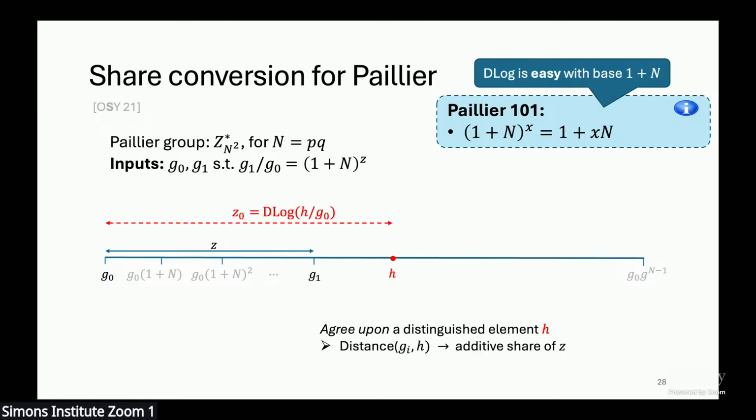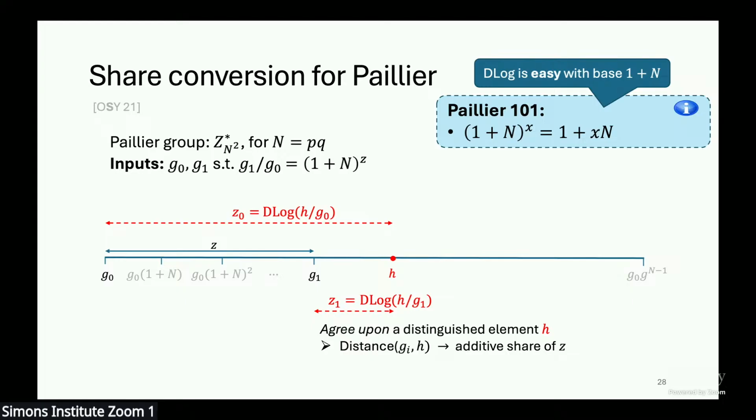If the parties can compute the distance to this element, then they can compute their additive share of Z. But because discrete log is easy, you can do this by taking H divided by your input, which will always fall into this discrete log subgroup where discrete log is easy. You can actually, in polynomial time, compute this discrete logarithm.